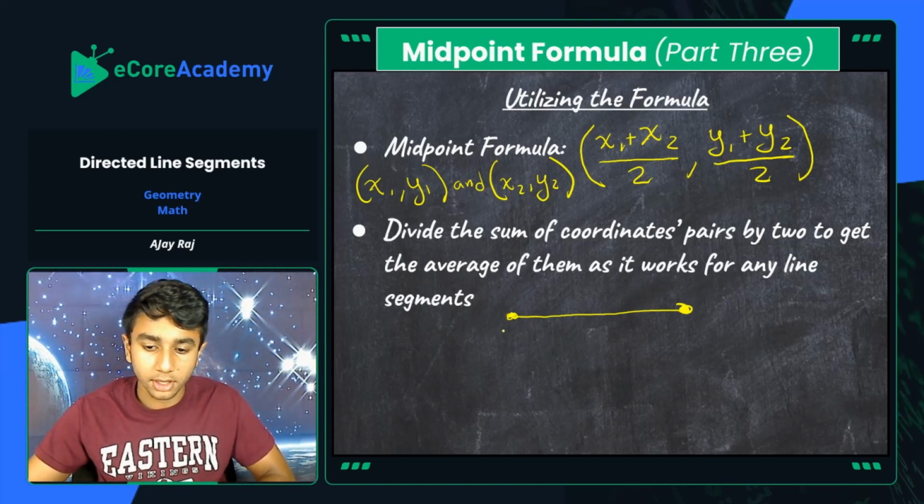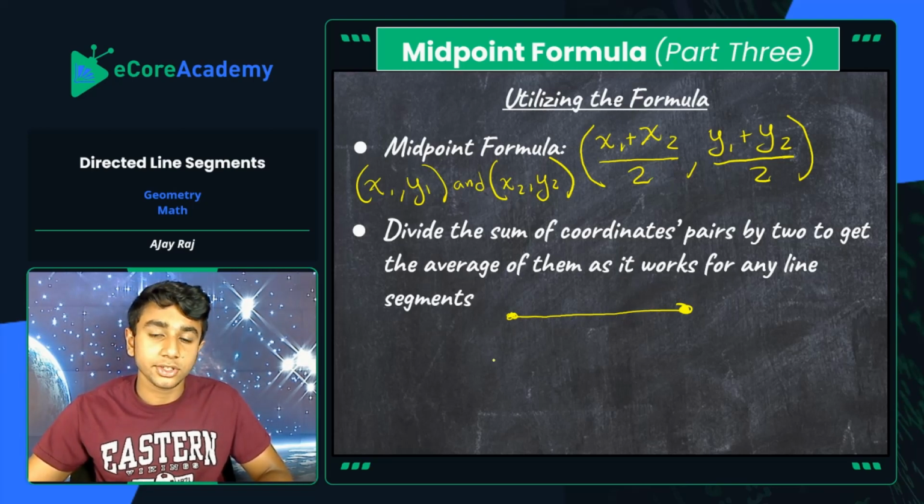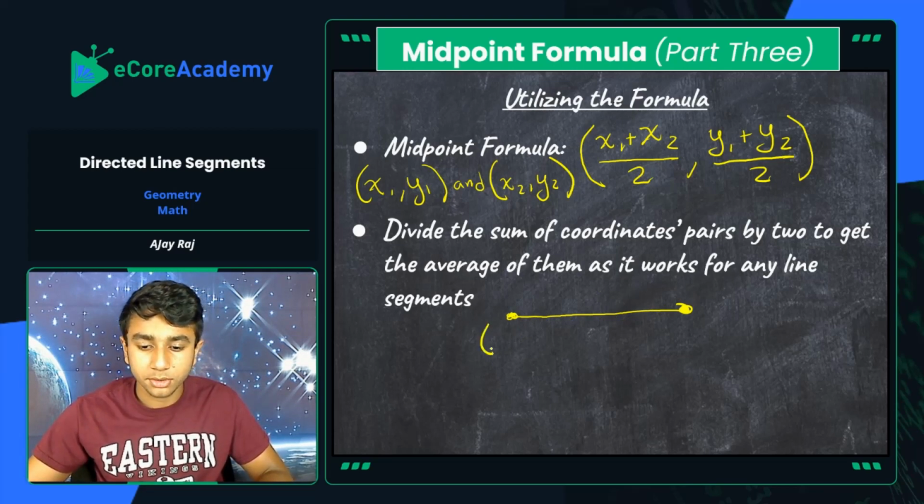So we cannot simply count it off and calculate the distance by counting, like I said. So let's say that this point here is going to be 3, 1, and this is going to be 4, 2. What is the midpoint of this diagonal line?